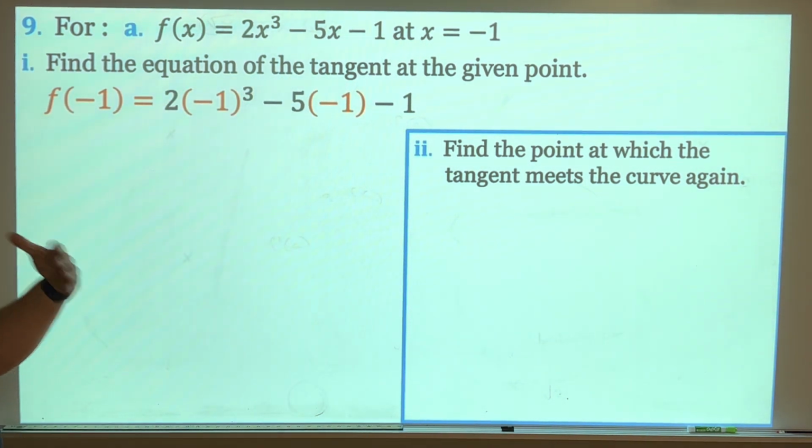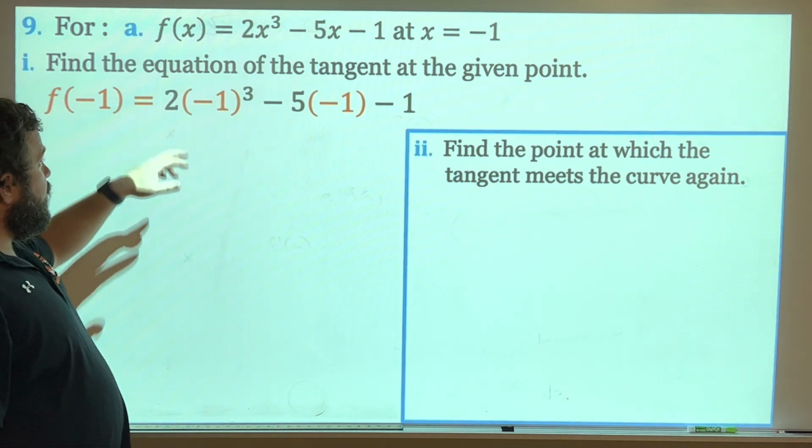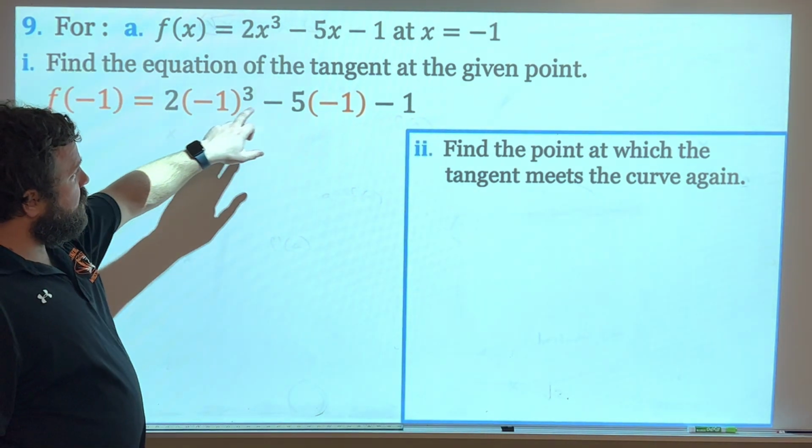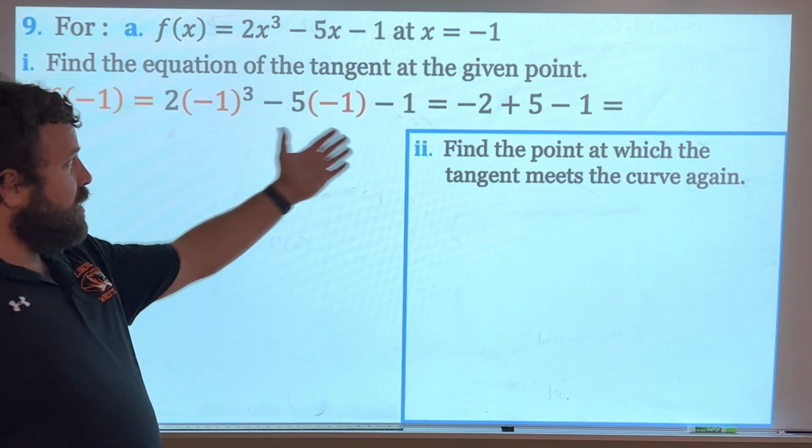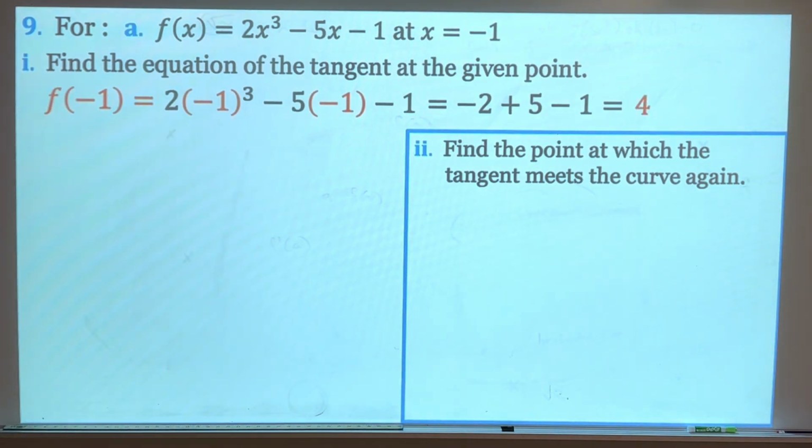So we have our x, we need our y, right? We have our a, we need our f of a. 2 times negative 1 is negative 2, plus 5 minus 1. How did I mess this up?